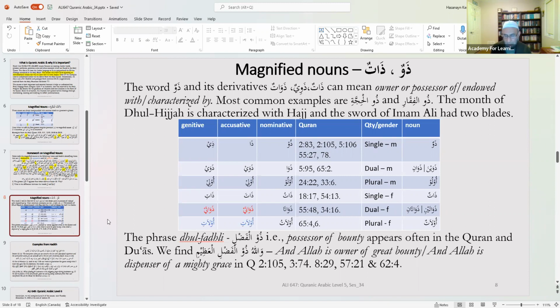Anybody knows, is Shams feminine or masculine? Feminine? Yeah. How do we know? From this ayah. No, it's إذا طلعت. طلعت is for feminine.